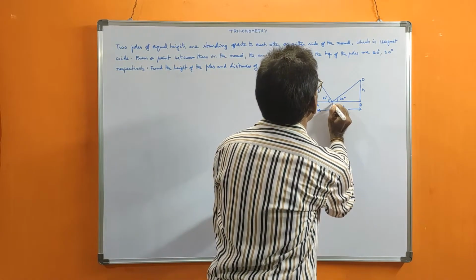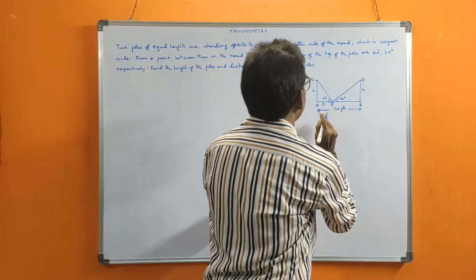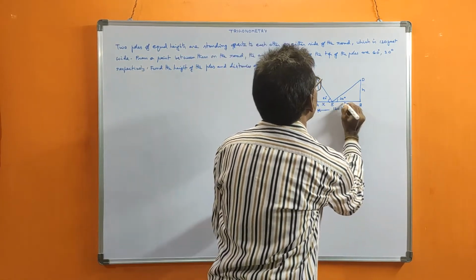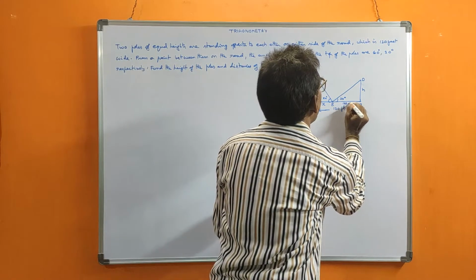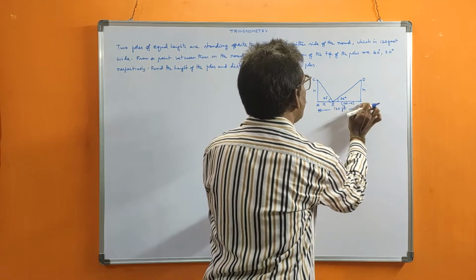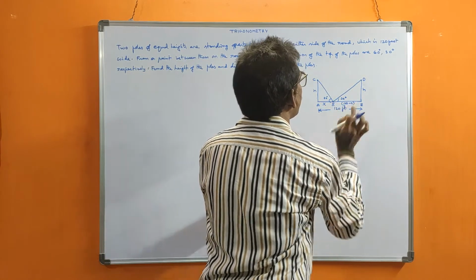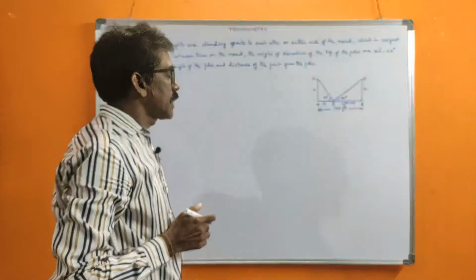Suppose this point you take another variable, E. Now let AE be X, then EB becomes total 120 minus X. Suppose AE is equal to X, then EB becomes 120 minus X. You mention it like this.